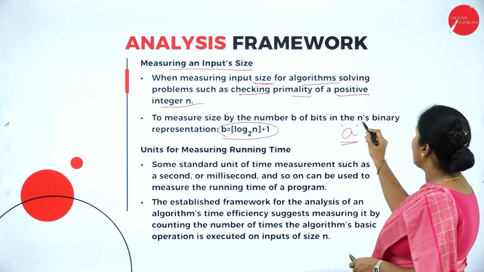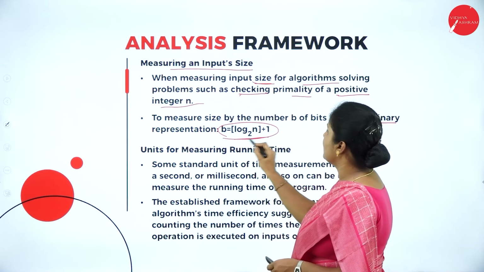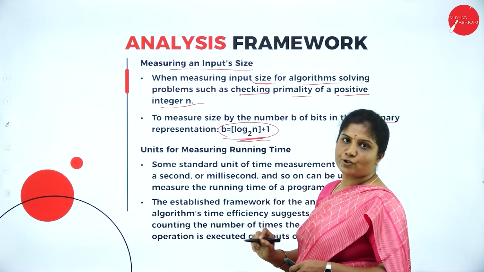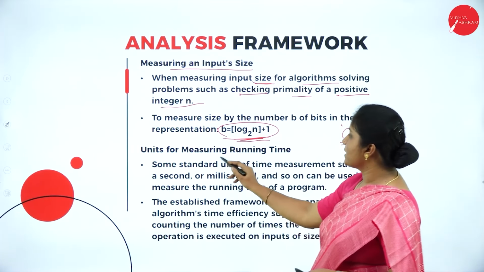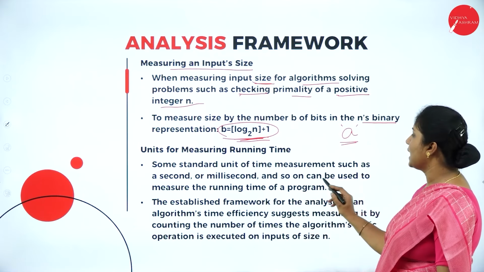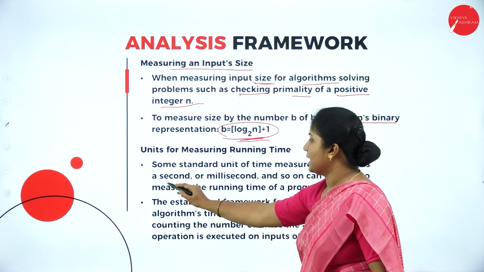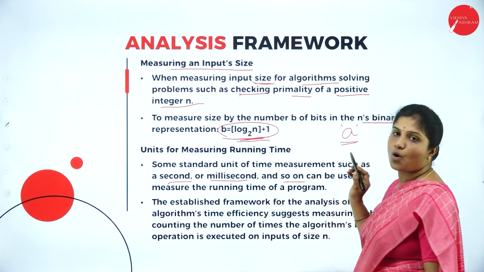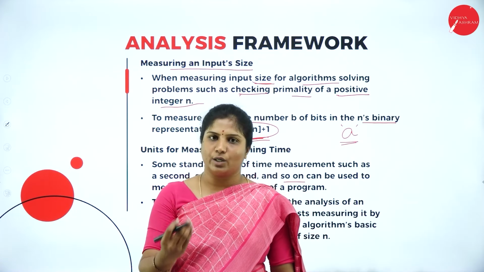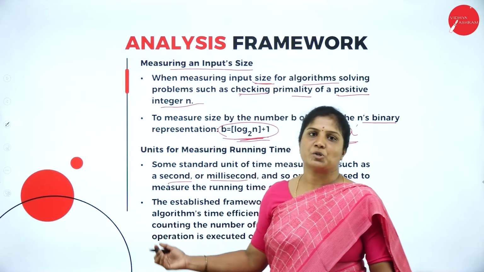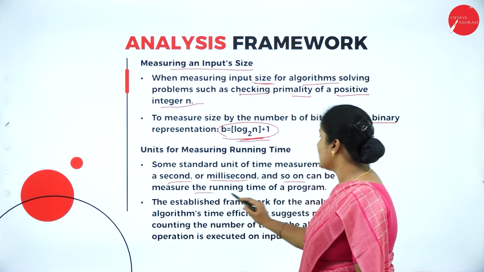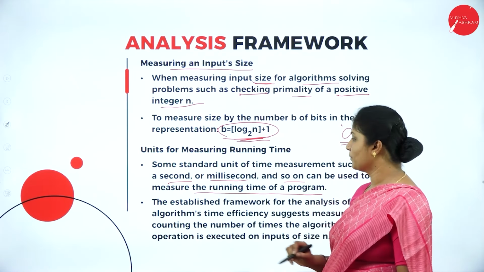So we are representing the space complexity like this, log n to base 2 plus 1. Next, running time. Some standard unit of time measurement such as seconds, milliseconds, and so on. How much time it took to execute an algorithm. We will measure it in seconds, milliseconds, and so on to measure the running time of a program.